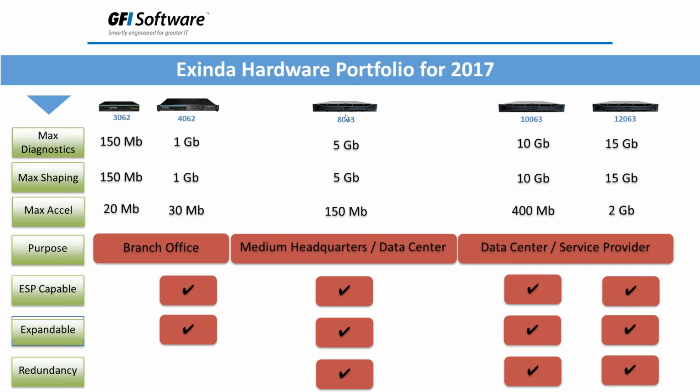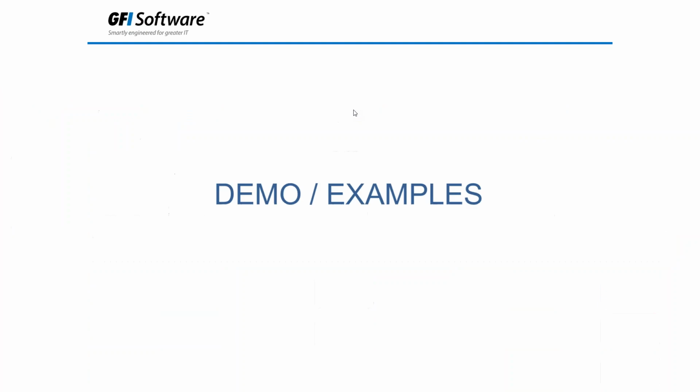It also gets into, once you start at the 863 and the 10K and the 12K, we have power redundancy and multiple hard drives in a RAID fashion. So we can ensure that your data is protected and secured, and you're not going to lose it anytime soon.